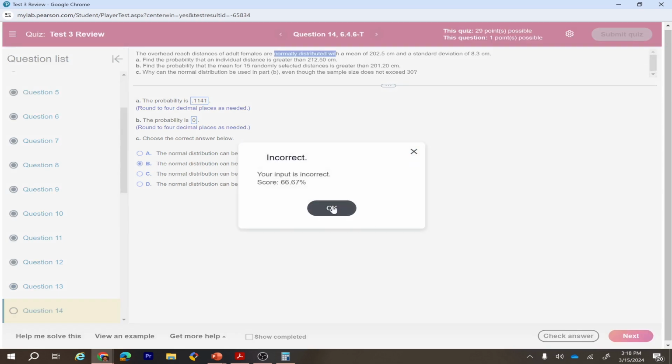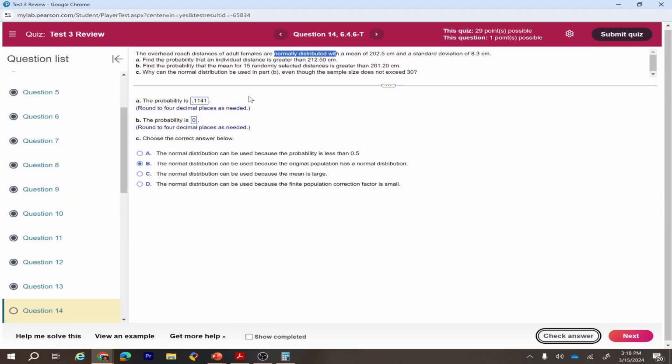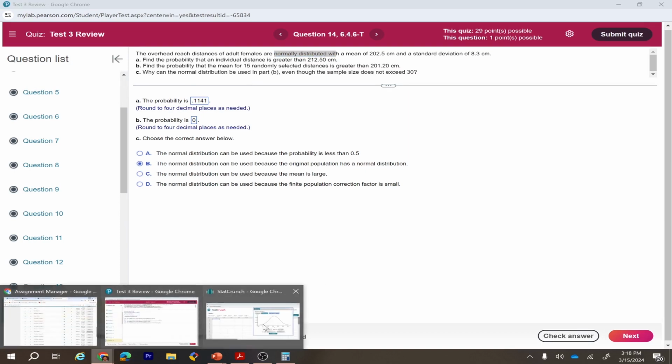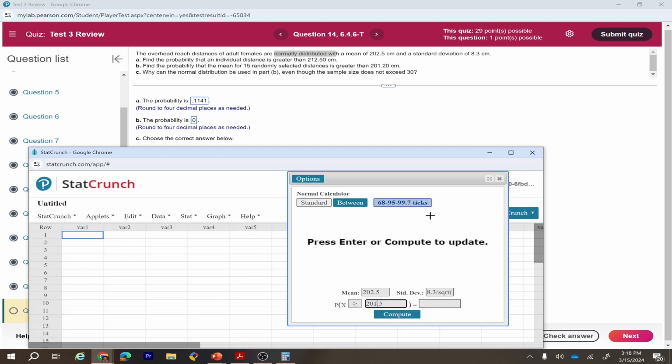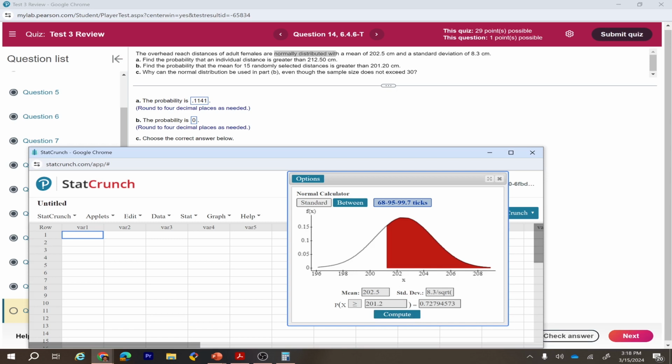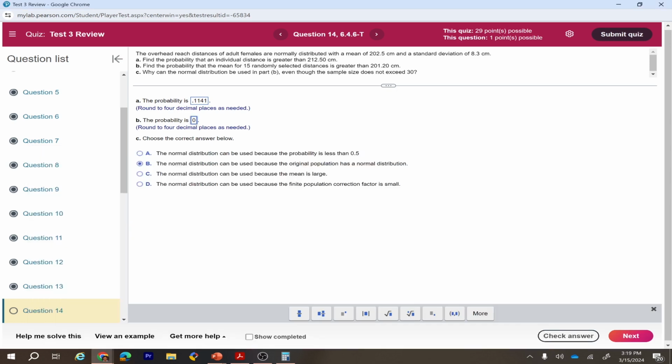What did I do wrong? Find the probability that the mean for 15 randomly selected distances is greater than, okay, it was a different number. I used the same number 212, so that was my mistake. I did not read part B, so let me replace this value with 201.20, and if I hit compute, that gives me 0.7279.